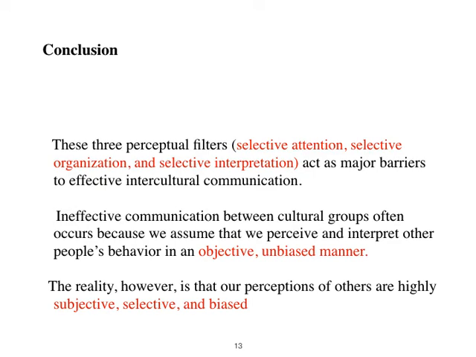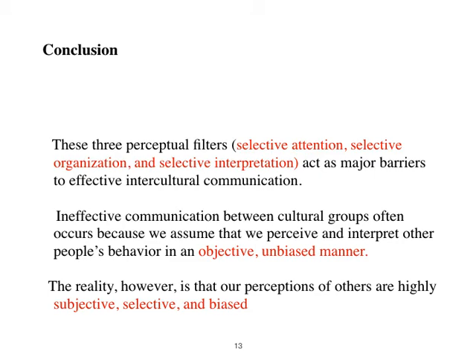We can look at different religious groups, how they are treated when they are in minorities. So it's a very good filter to understand it from selective attention, selective organization, and selective interpretation perspective. And we must never forget that our perceptions are highly subjective, selective, and biased.